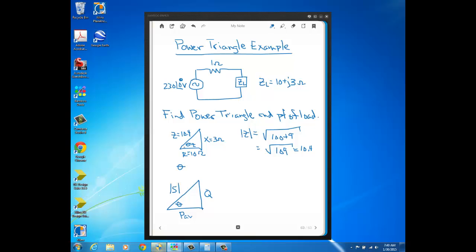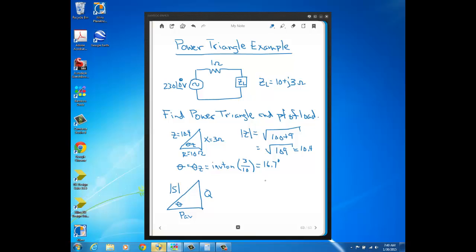As we discussed earlier, the impedance triangle and the power triangle are scaled versions of each other, so the angles are the same. So we can find theta by doing theta z, which is inverse tan of opposite over adjacent, so inverse tan of 0.3, which comes out to 16.7 degrees.